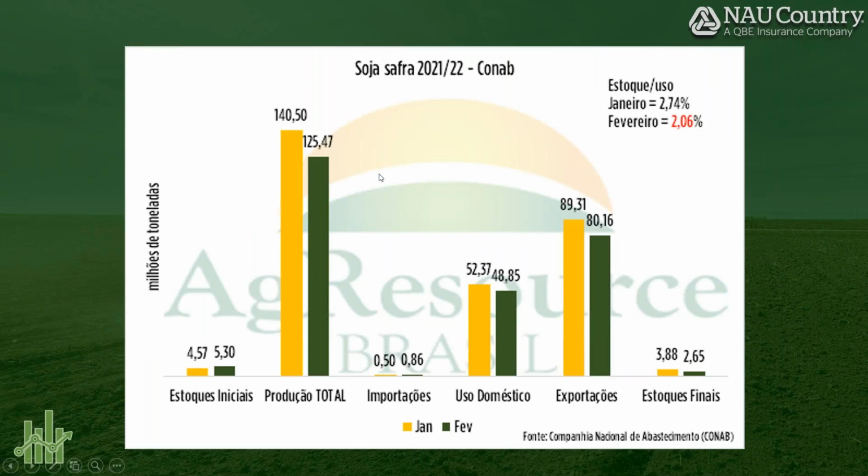They dropped their estimate to 125.47. So some of the other estimates coming down maybe into the low 120s here over the last couple of days. So they are going to be down, but there's a lot of moving parts to this. If they're down 20 million tons, what happens if China cuts demand 30 million tons? There's a lot of pieces to this puzzle.